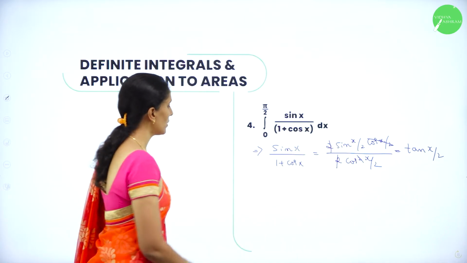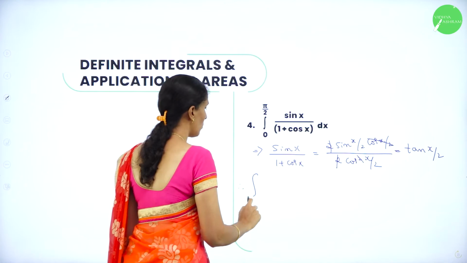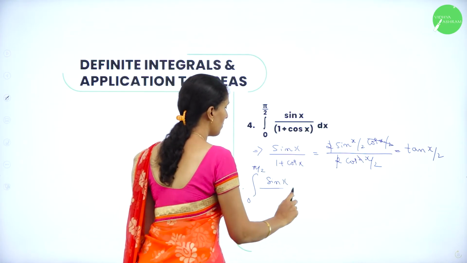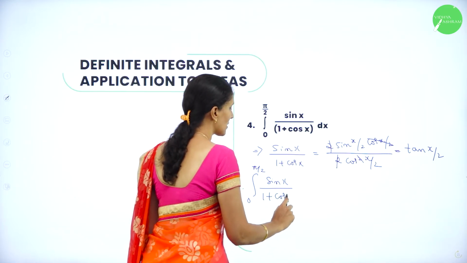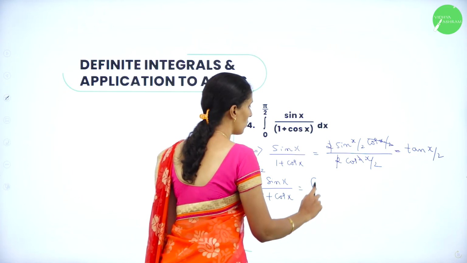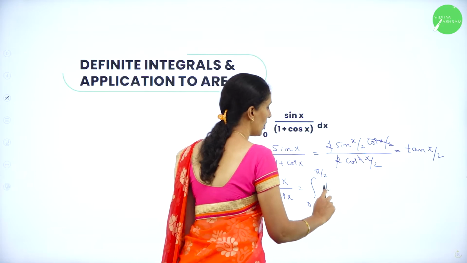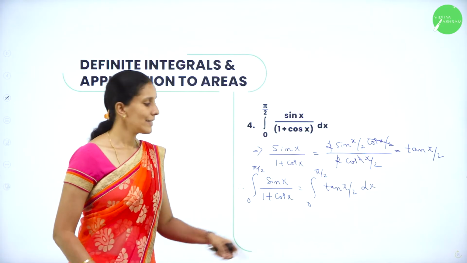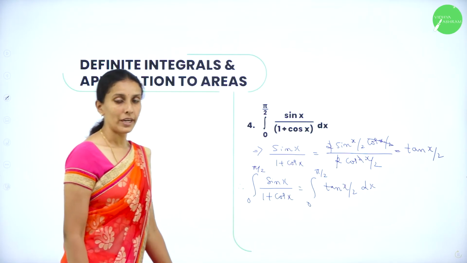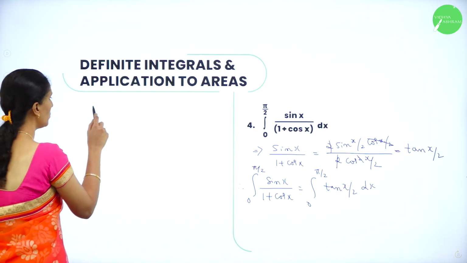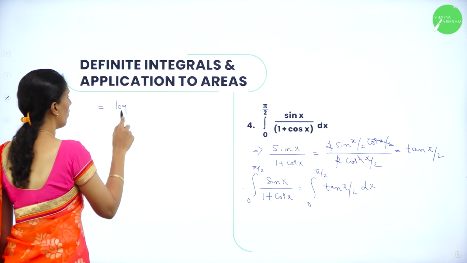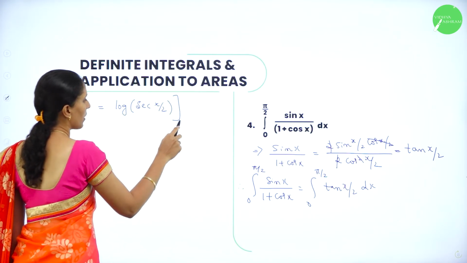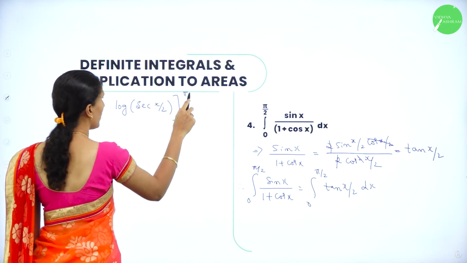So now for this integral from 0 to pi by 2 of sin x divided by 1 plus cos x can be written as the integral from 0 to pi by 2 of tan x by 2 into dx. So what is the integral of tan x by 2? It is log of secant x by 2, from lower limit 0 to pi by 2.